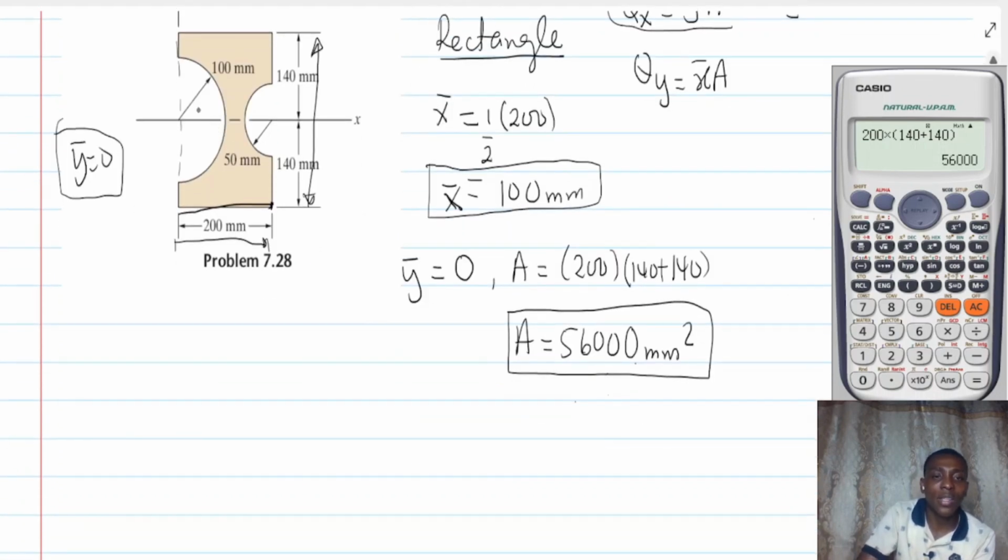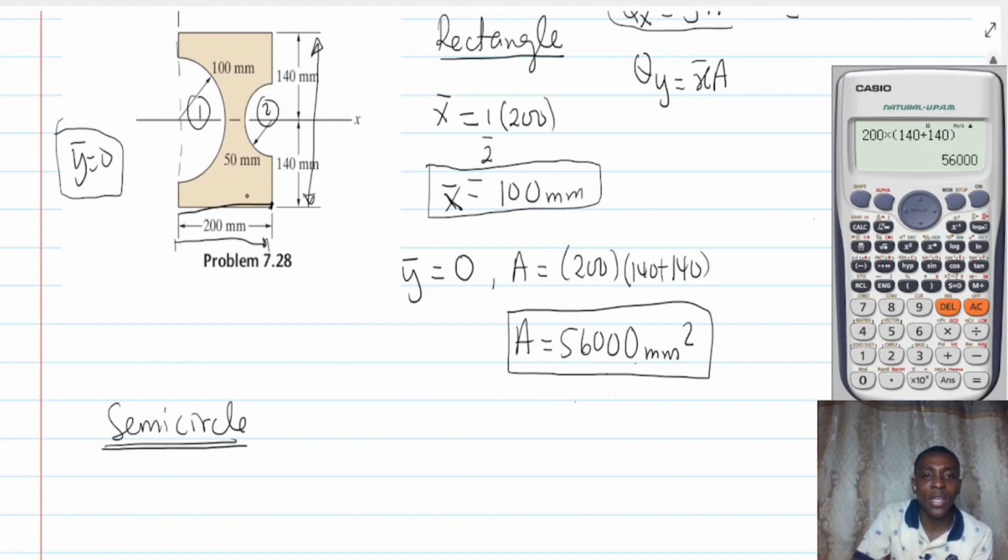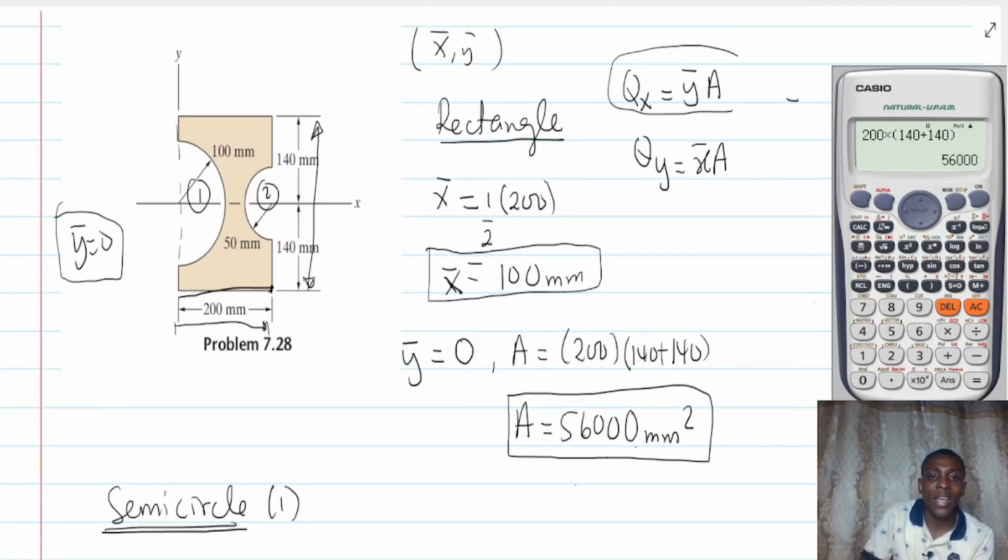Let's look at the bigger semicircle. So let me call this 1, and let me call this 2. So semicircle. Looking at this bigger semicircle, what can we say? For the x bar, the x bar is like walking from the origin along this distance to locate the center.